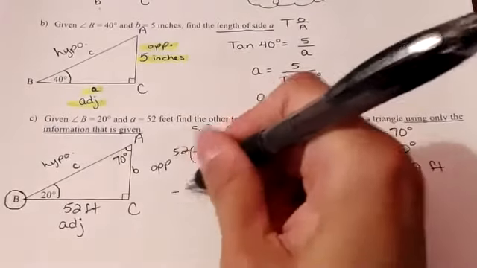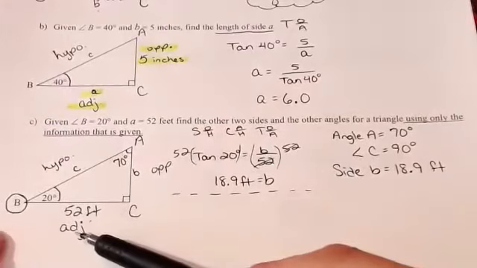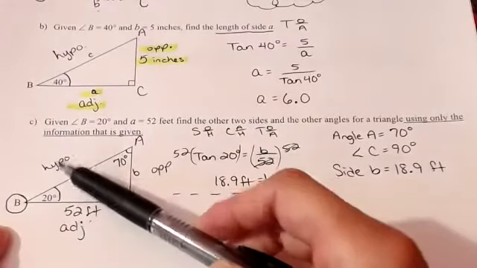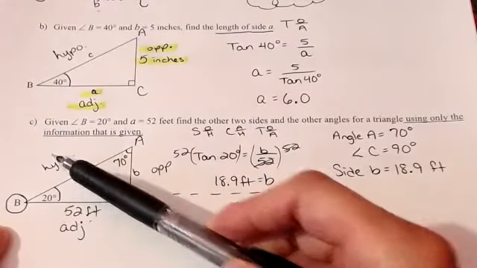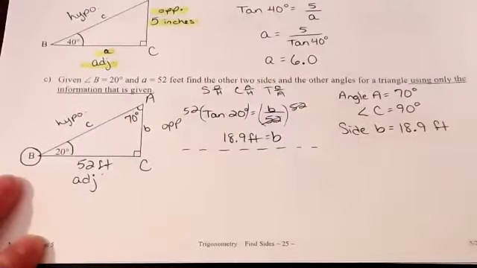The next thing I have to do is solve for the hypotenuse. Again, I know my adjacent side and I'm missing the hypotenuse. A over H pertains to cosine.